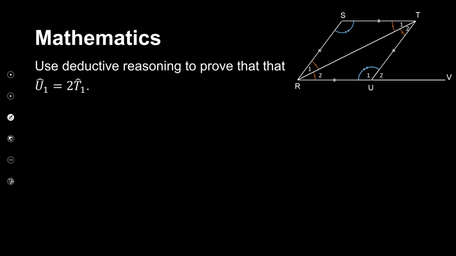Now, if we want to use deductive reasoning, I want to prove that U1 is equal to 2T1, which is the same as T1, this angle there, which is the same as 2R2, which is also the same as that one there, 2T2.